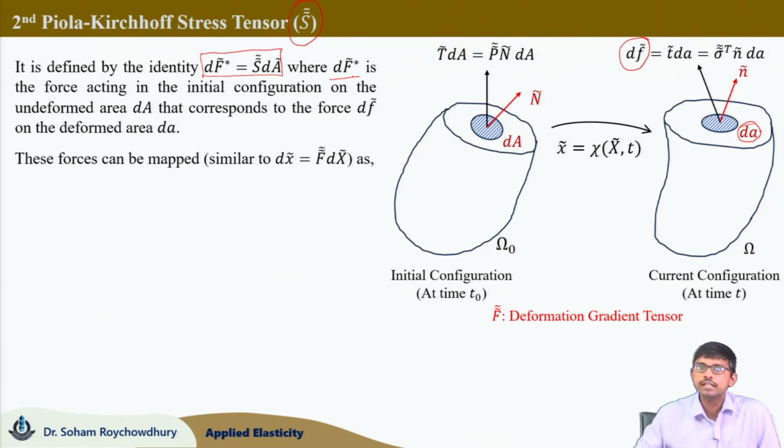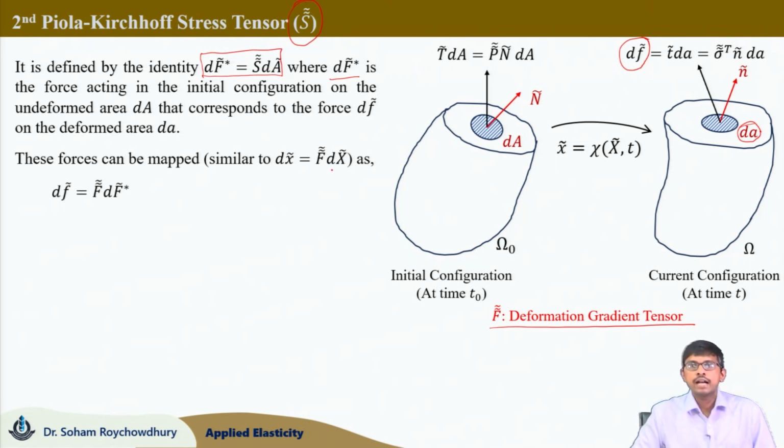So, similar to the deformation mapping of x we have seen through the deformation gradient tensor F, where we are mapping dX to dx using a similar mapping as dx equals F acting over dX, we are trying to define a force mapping using the same deformation gradient tensor.